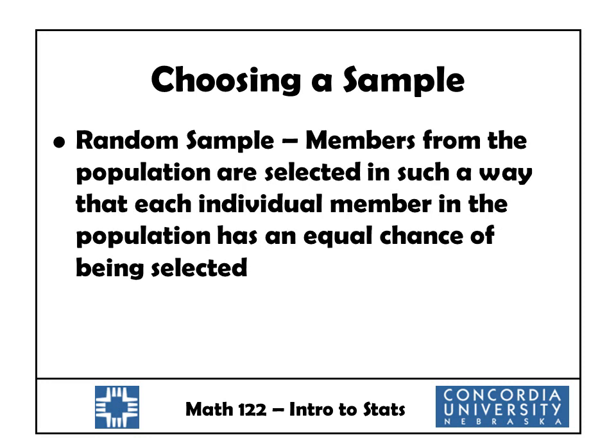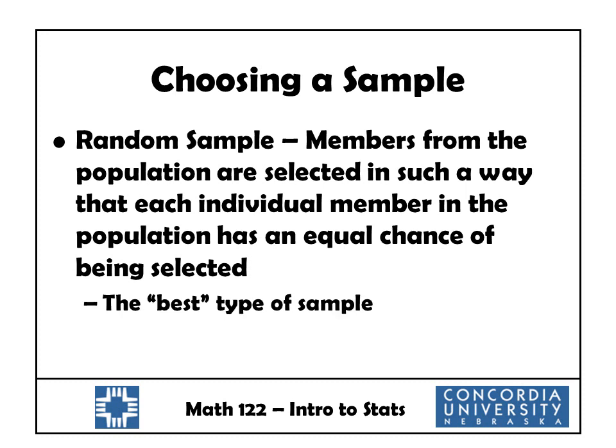Okay. The next type, and it's the most important and the best type of sample we're going to talk about, is what's called a random sample. And the idea here is that members from the population are selected in such a way that each individual member in the population has an equal chance of being selected. So that means that we don't focus on any one type of student, nor do we exclude any one type of student.